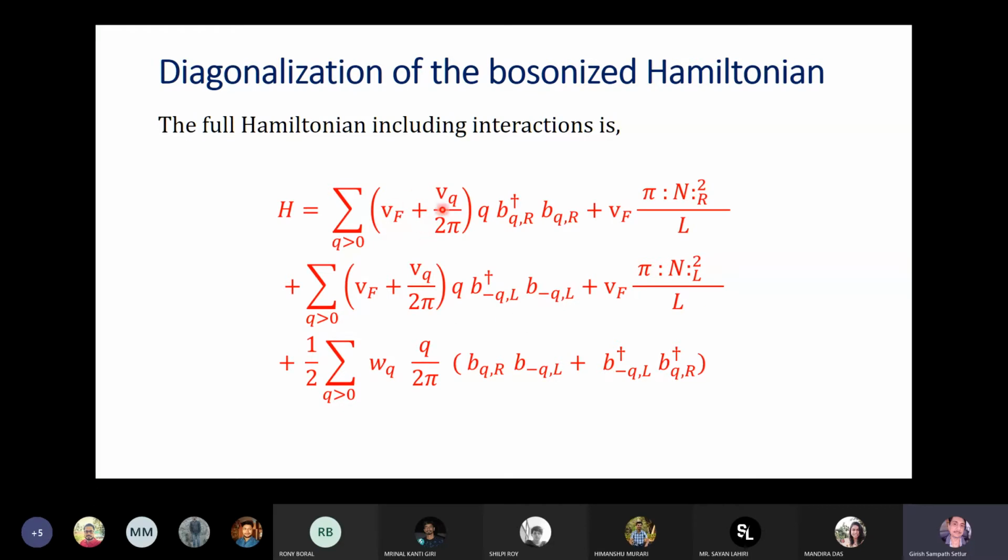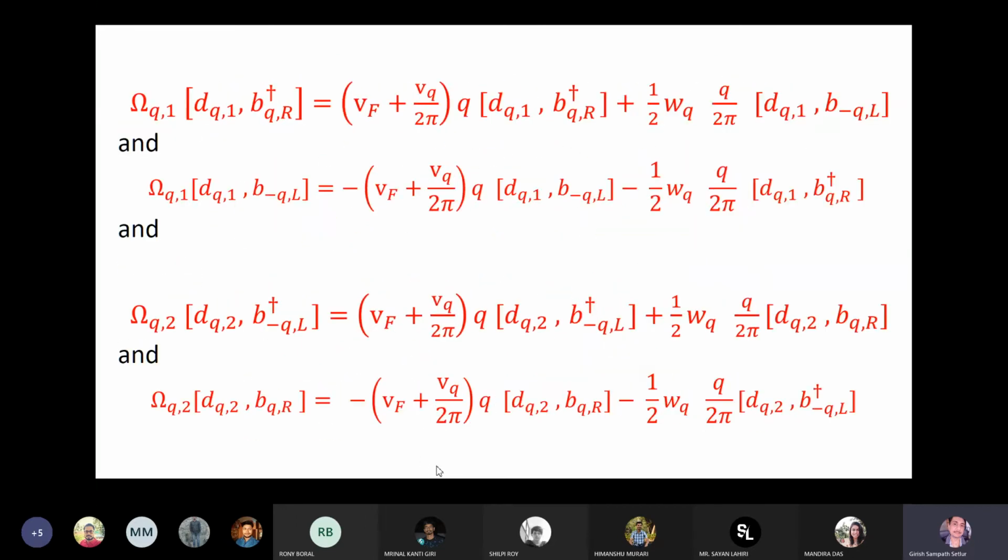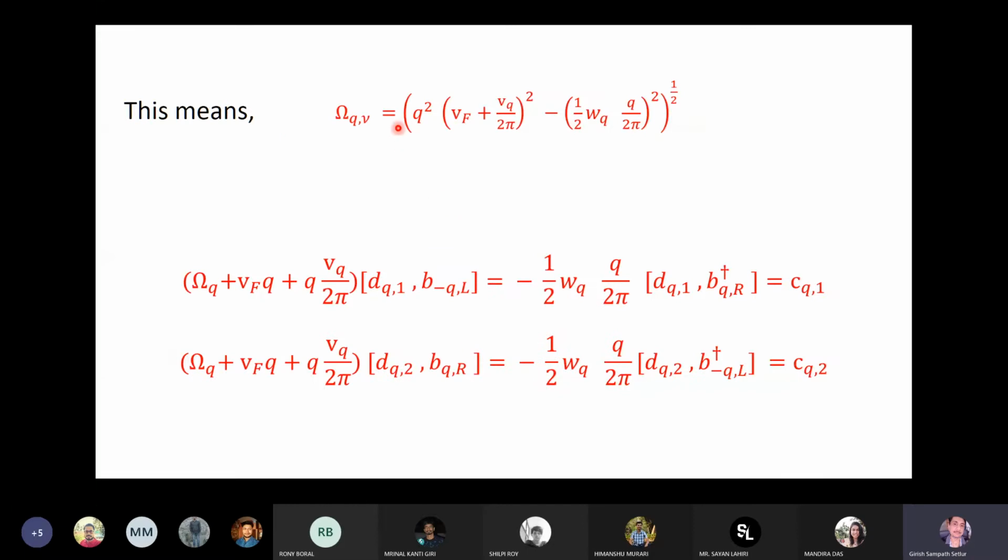It's plus VFQ for R and plus VFQ for L, but remember there's a minus Q there, so the operator has a minus Q, and that takes care of the left part. But the coefficients still are VFQ, okay? That's the reason why in the interacting theory we choose both as positive square roots, but mathematically you get the other sign, and we ignore that. Because when you put WQ equals VQ equals 0, you should get back VF mod Q in both cases, right? And so that's Q greater than 0. That's why I've dropped the subscripts 1 and 2, because they're the same.